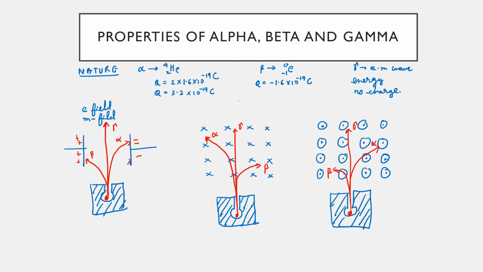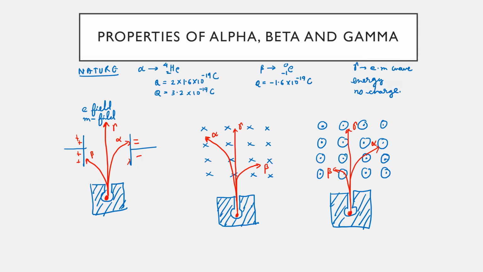Okay. So the next point of comparison is the stopping substance. What can stop alpha particle? Human skin or a thin paper sheet can stop alpha particle. Whereas for beta particle, you require a millimeter thick lead sheet or say a 5 millimeter thick aluminum sheet. A cavity like this is good enough to stop alpha and beta both.